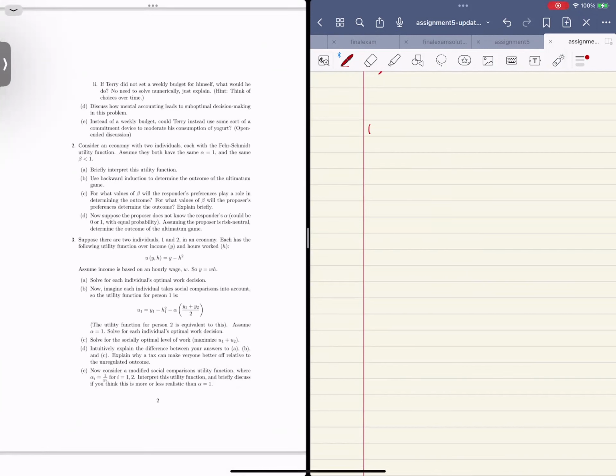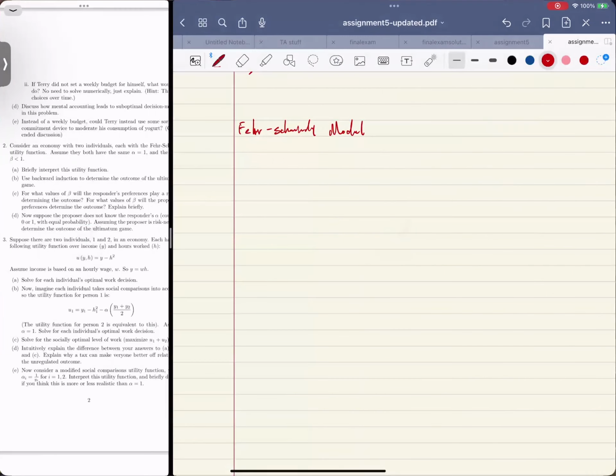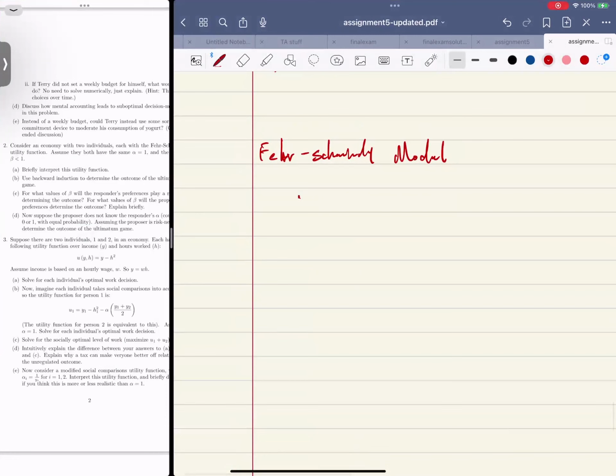So what do we remember about the Fear-Schmidt model? Utility is determined by inequality aversion. Okay. So it's an aversion to what? Inequality. Both advantageous and disadvantageous inequality.